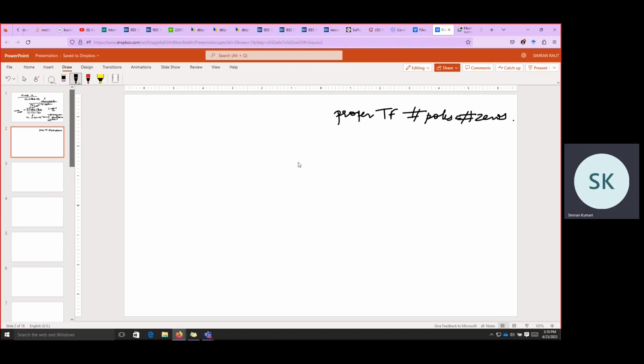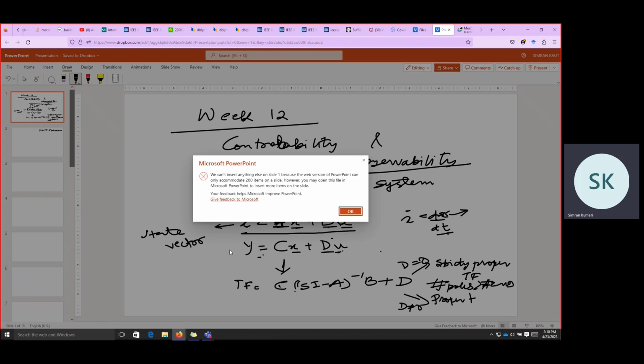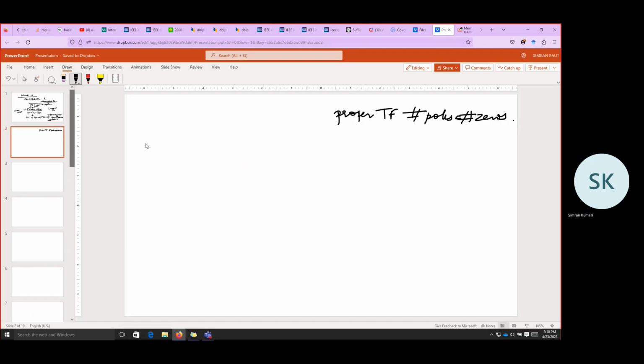So this is what we have seen, that in most of the transfer functions that we have dealt with, the number of poles is greater than or equal to the number of zeros, because that is a realizable transfer function. So this much we know, how we are relating this transfer function with state space.